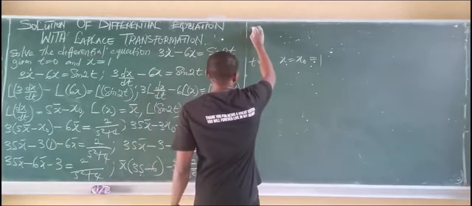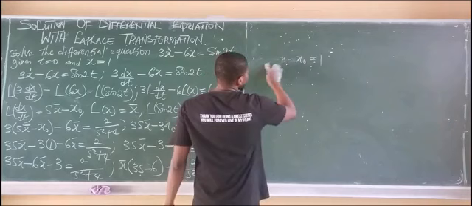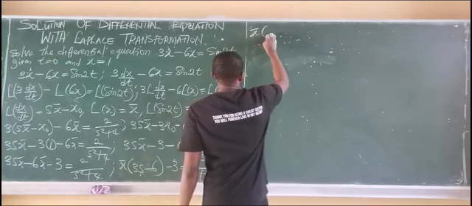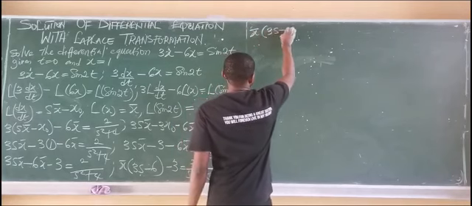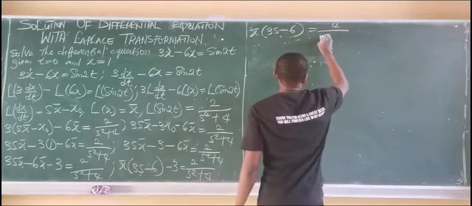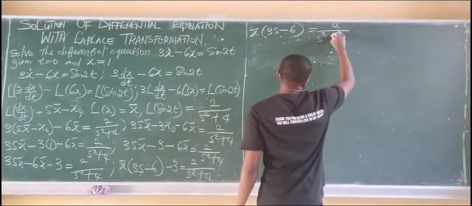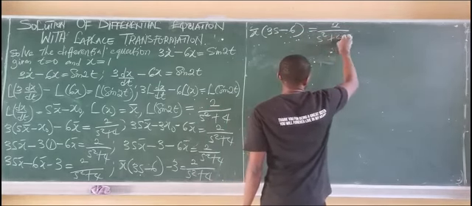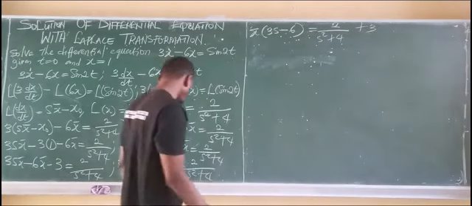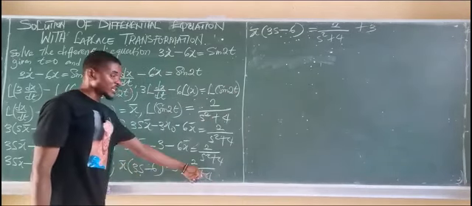So I have x bar into 3s minus 6 equals 2 all over s squared plus 4, plus 3. If negative 3 crosses over, it becomes positive.